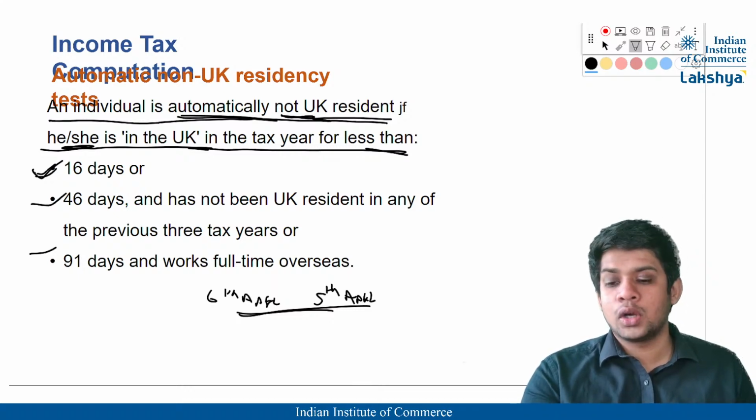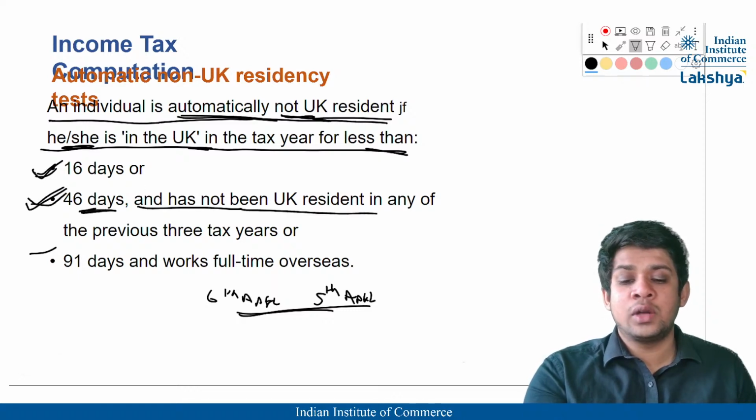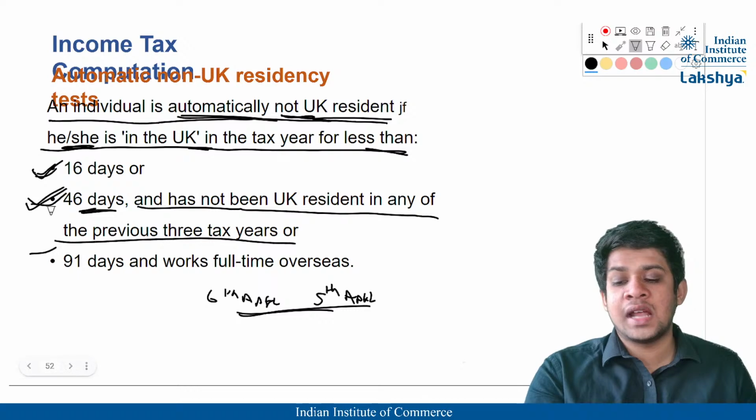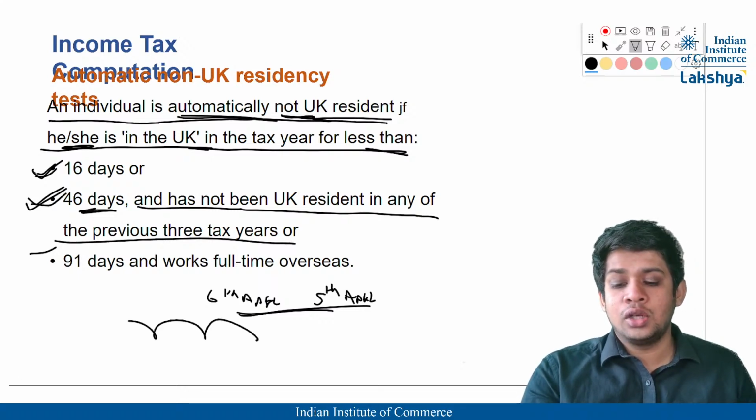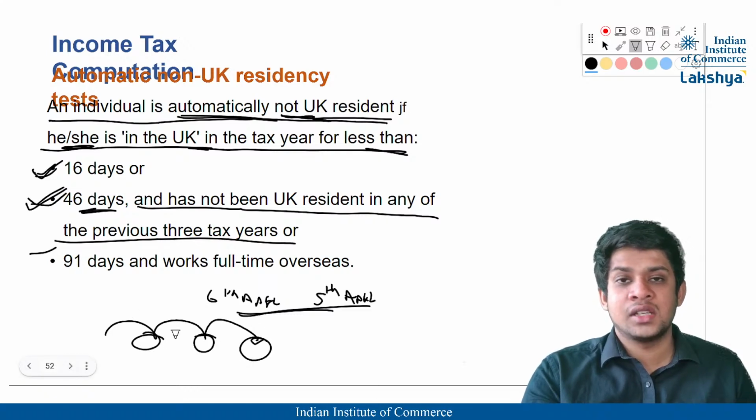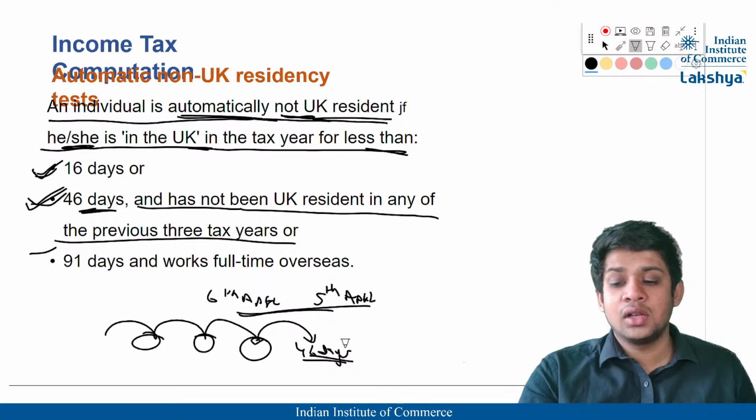Okay. If he is in the UK for less than 46 days and has not been UK resident in any of the previous three tax years. If he has been a non-UK resident, that means he never was a resident in UK in the previous three tax years also, right? And in this year, he stayed for less than 46 days, I'll keep it 45.